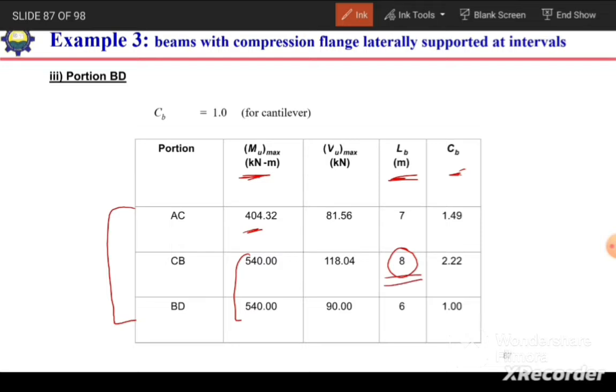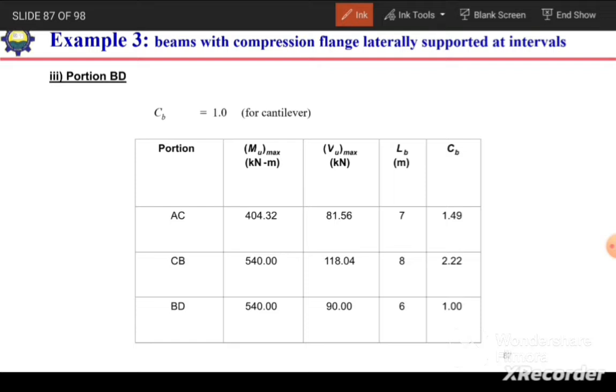Similarly, if we see CB, the lesser the value of CB, the more critical the section will be. So we can give the most preference to CB, and then we also need to see LB and MU.